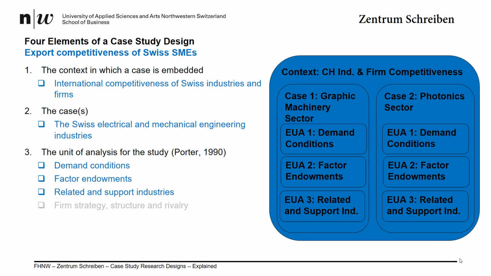In our example, this would mean that we would focus on the four main elements of Porter's diamond model, which are demand conditions, factor endowments, related and support industries, and we could, although may choose not to, include the fourth element of his model, which is firm strategy, structure, and rivalry. These key conceptual dimensions could then be included in our design as embedded units of analysis.